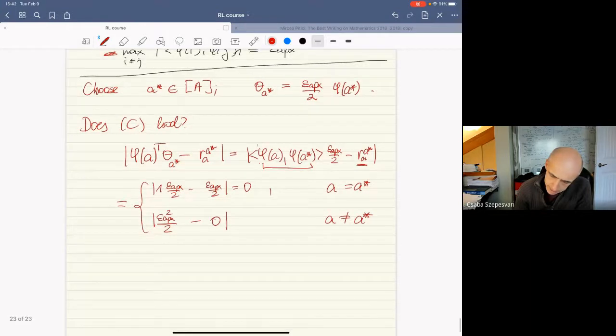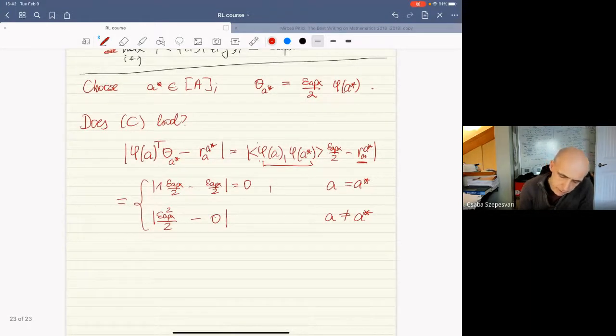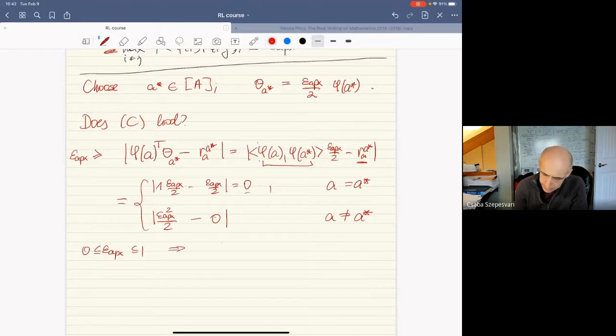We wanted to verify that the errors are smaller than the approximation error everywhere. If A is equal to A star, then the error is in fact 0. Otherwise, it's the error squared divided by 2, which is smaller than the error, because we assume this question is only interesting if the errors are small anyways. So from this, it follows that C does hold.